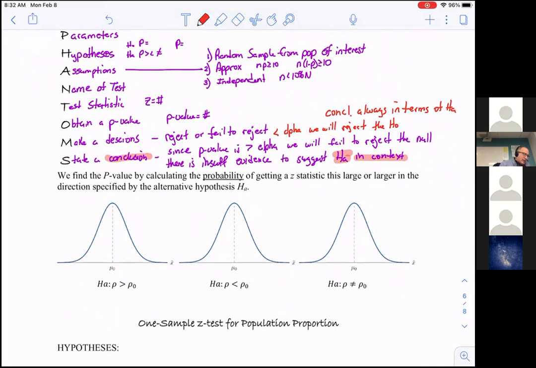So again, extend that little p-value talk that we had the other day. The p-value is the probability of getting a z statistic this large or larger in a specified direction by my alternate hypothesis. So on a one-tailed test, we could be out here when p is greater than p sub naught.